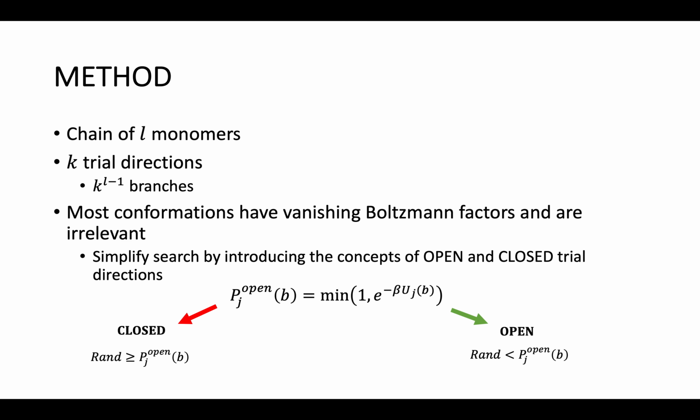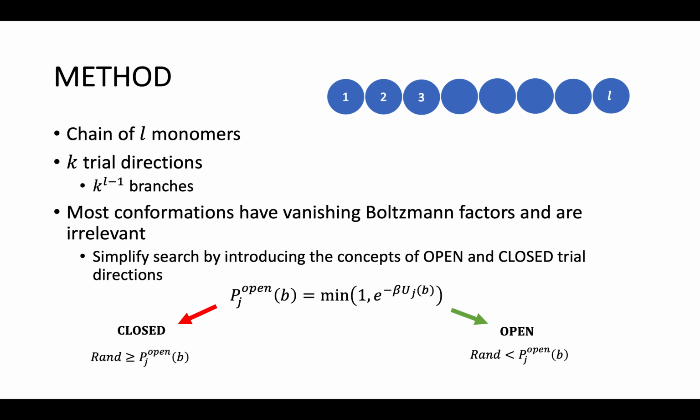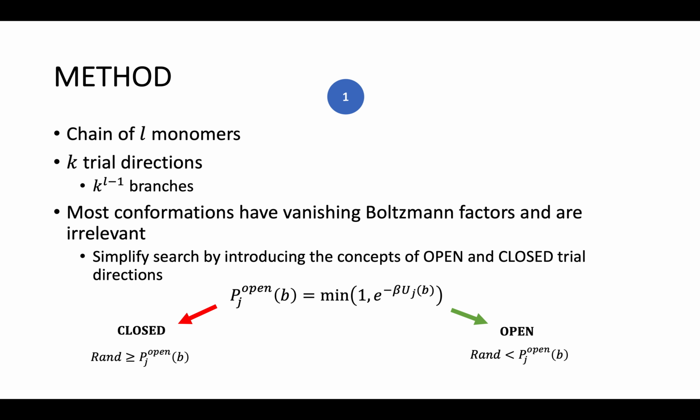In general, the method goes like this. First, let's imagine we have L monomers forming a chain. The first step, of course, if we want to grow a chain like this, is to introduce monomer 1, so that it won't overlap with anything else in the box.